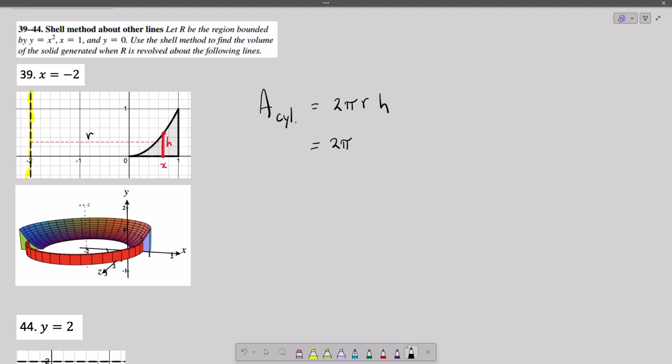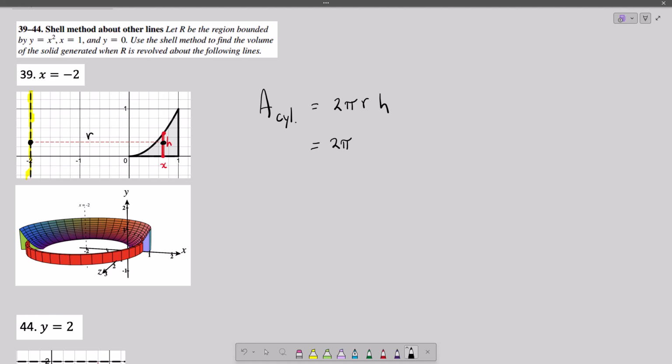So we look at the radius. Radius is going from here all the way over to here. There's the radius. Is that a horizontal distance or a vertical distance? Horizontal. So should we be subtracting x's or y's? X's. So we need to know the right x, we need to know the left x, and we need to take the difference. What is the right x?